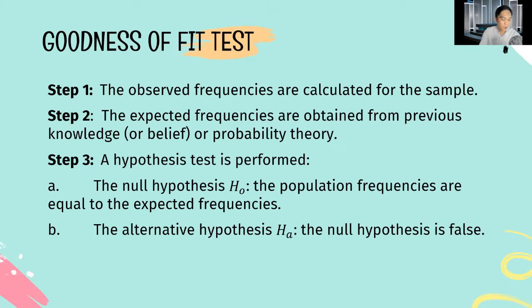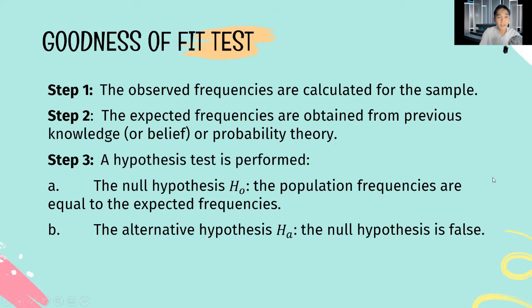Ibig sabihin, one response lang per category. And number four, at least 5 expected frequencies in each group of your categorical variable. At least 5 para makikita natin yung accuracy ng test natin.